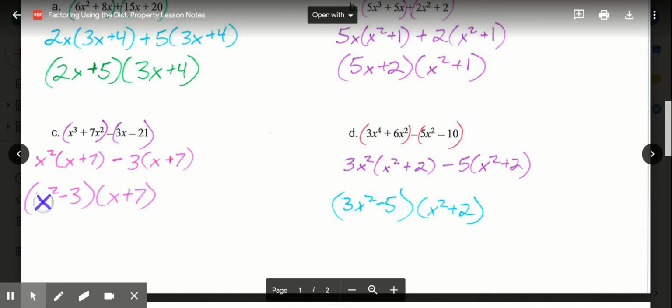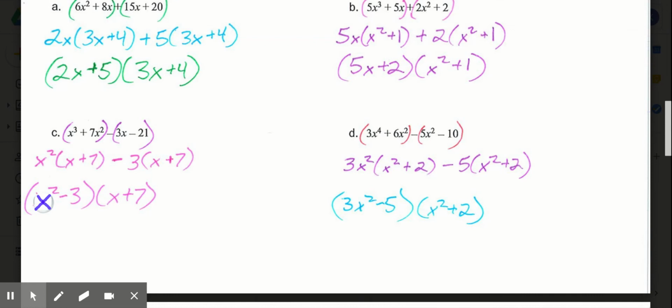And then when we look at D, again, 4 terms, so we group the first 2 and the second 2. So in this case, 3x to the fourth plus 6x squared. We can factor out a 3x squared as our greatest common factor on both, and that leaves us with x squared plus 2.